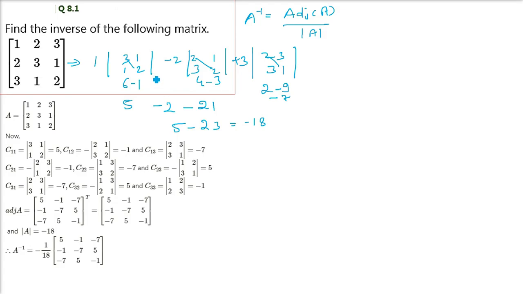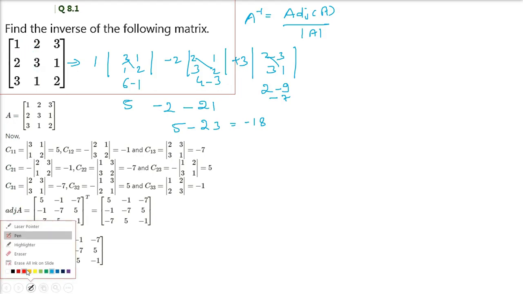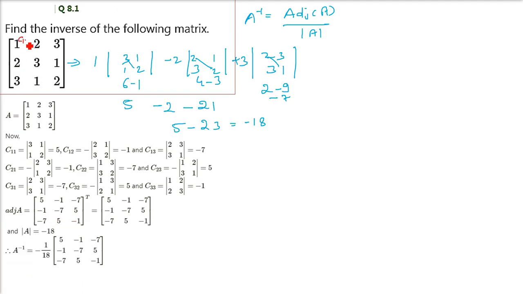Okay, so we will find out the cofactor matrix first. That cofactor matrix will be the final one, just a step before adjoint A, because if I am writing C11, C12, C13, C21, C22, C23, C31, C32, C33, all of these cofactors you have to find out.